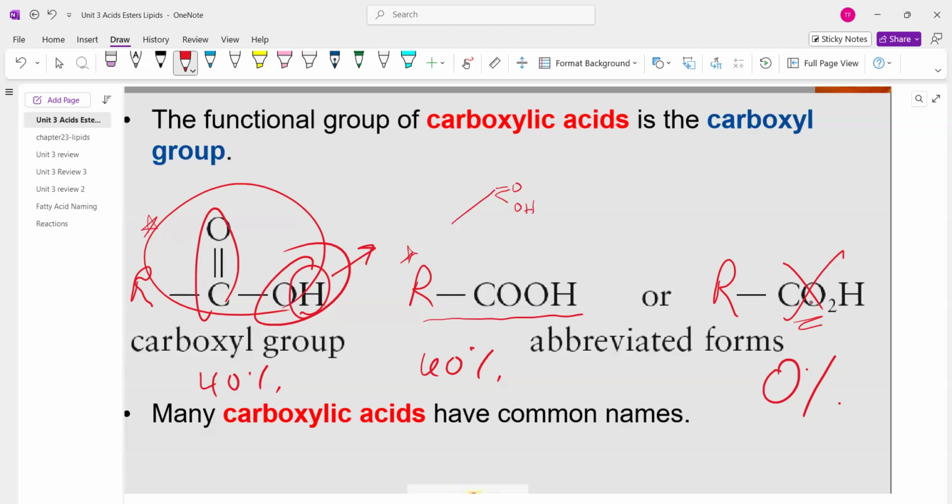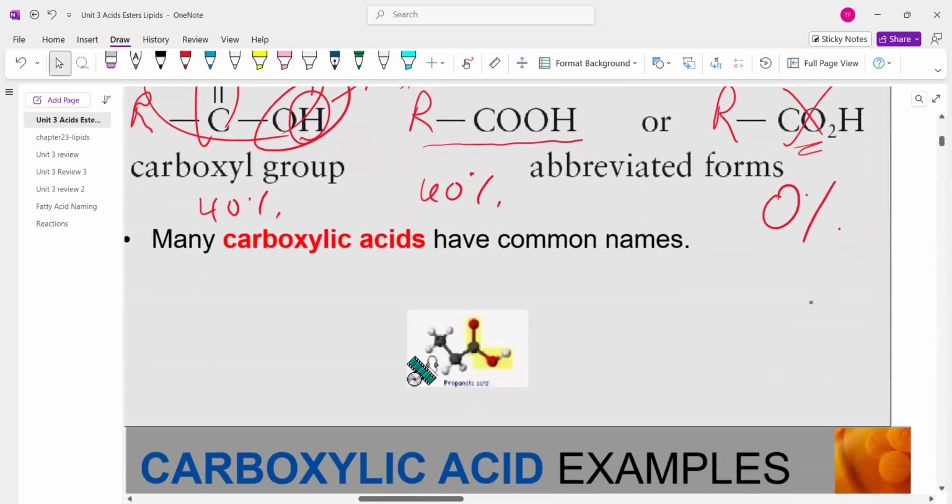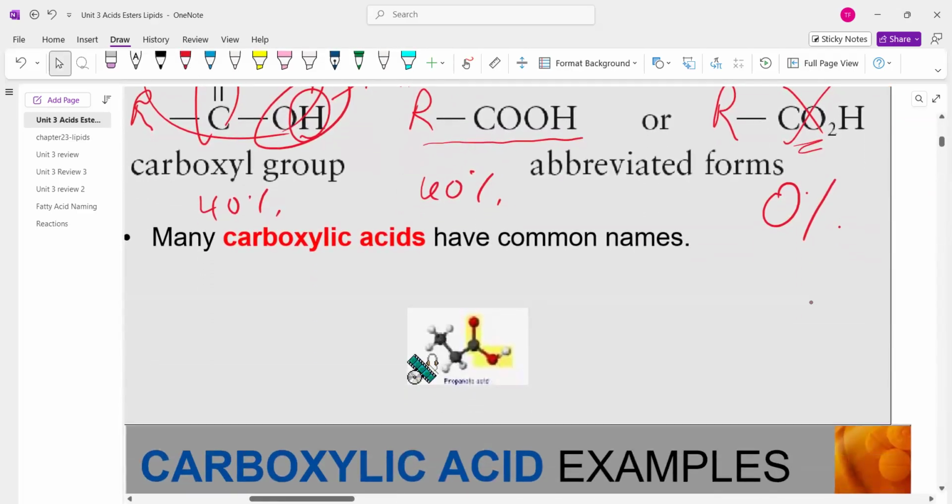The main thing is the COOH. There are many common names for carboxylic acid, but there's a lot of IUPAC ones out there as well. It's kind of a mixed bag.